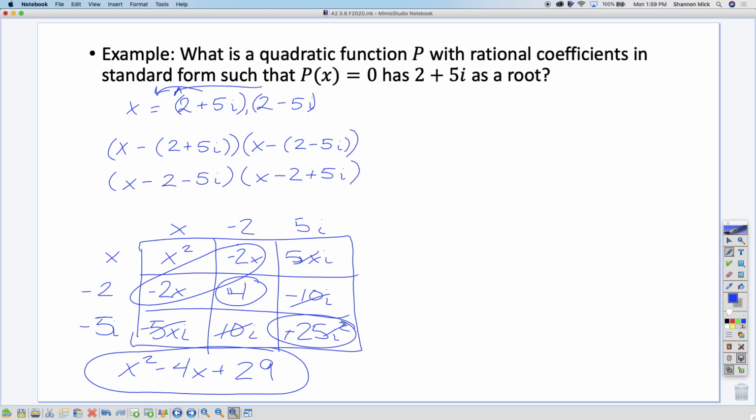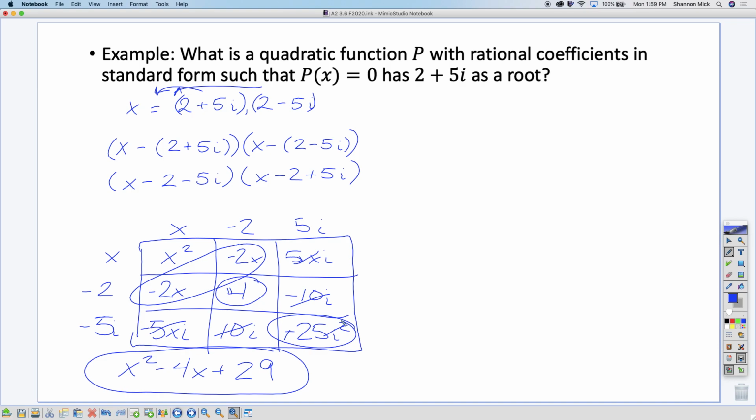Yeah. And the i squared made it a positive? So if I did this right, will all of my imaginary numbers be gone? Yes. If you were left with an i in there, you did it wrong.